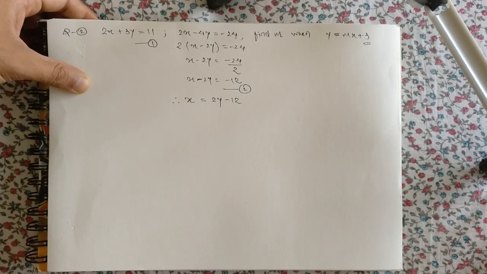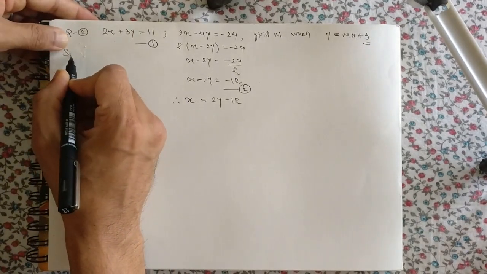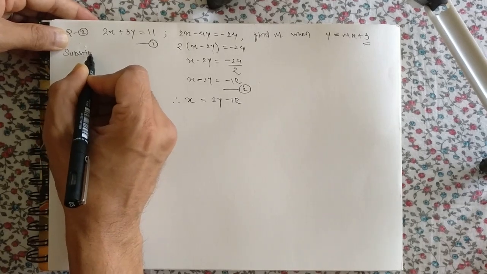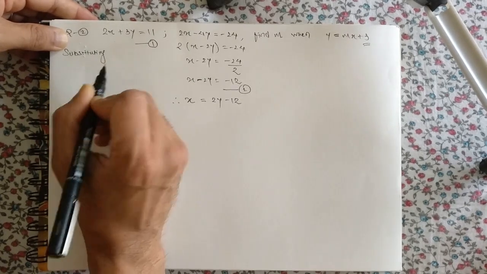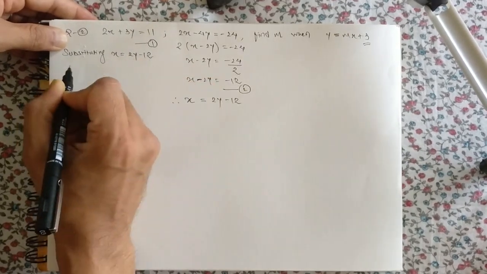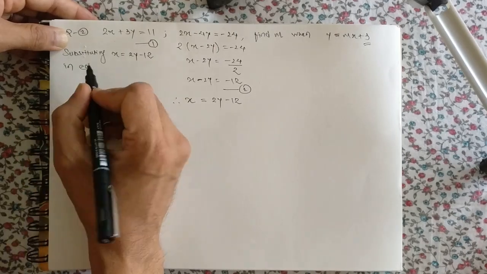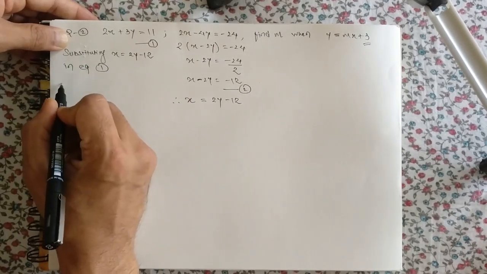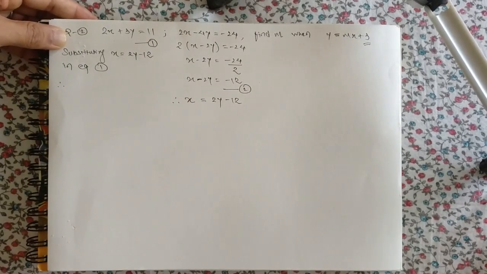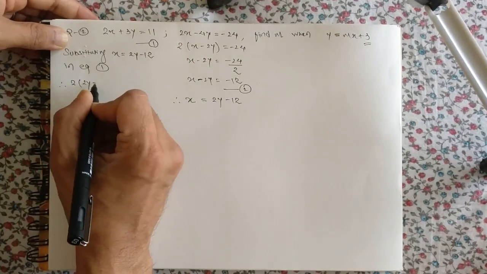What we are going to do now with the value of x, we are going to substitute it in equation number 1. So substituting x is equal to 2y minus 12 in equation 1. Wherever there is x, we have to put 2y minus 12. So 2 bracket 2y minus 12.